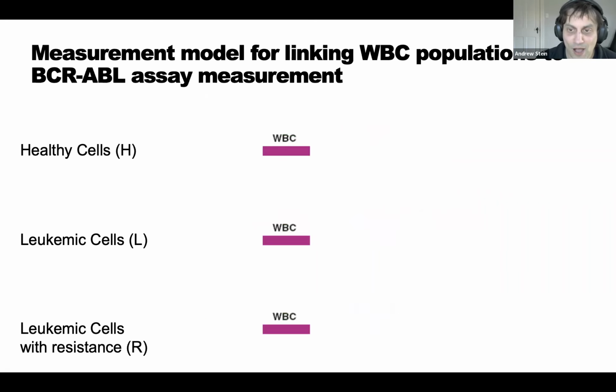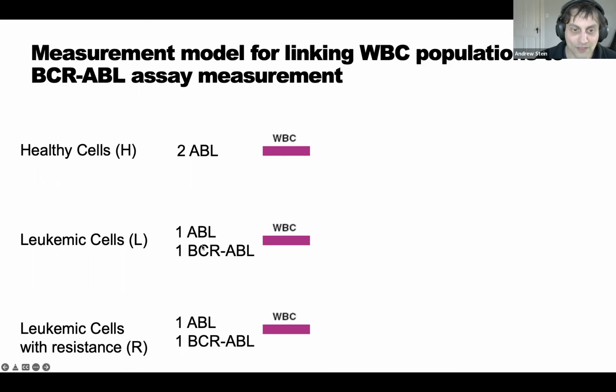To take this model and link it to the data, we have a measurement model, where each of these cell types can produce white blood cells. The healthy cells produce 2 ABL transcripts per cell. The leukemic cells produce 1 ABL transcript and 1 BCR-ABL transcript.